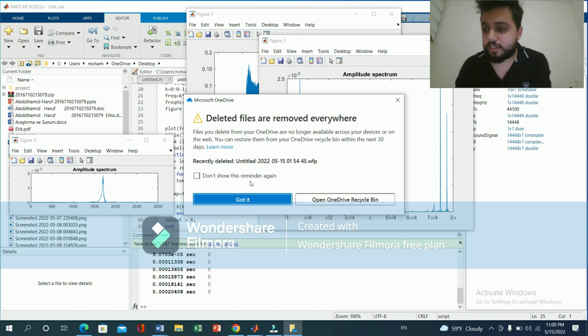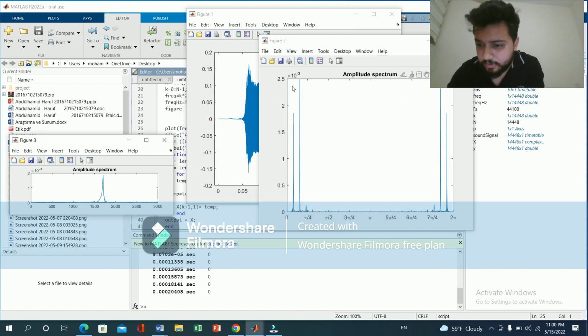fft. Look at here. This is fft function. Remember the formula X k equals sum from n equals 0 to N minus 1 of x n times the exponential, and remember that n equals 0 to N minus 1 and k equals 0 to N minus 1.